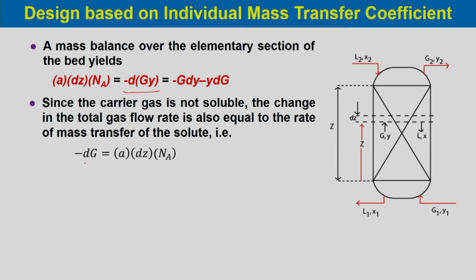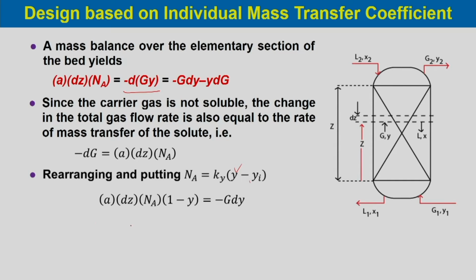So, we can write minus dG equal to a dz Na. Putting Na equal to ky into (y minus yi), where y is the concentration in the bulk and yi is the interfacial concentration between the gas and liquid, the flux Na is ky (y minus yi).